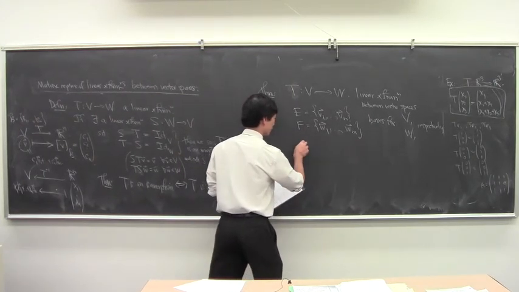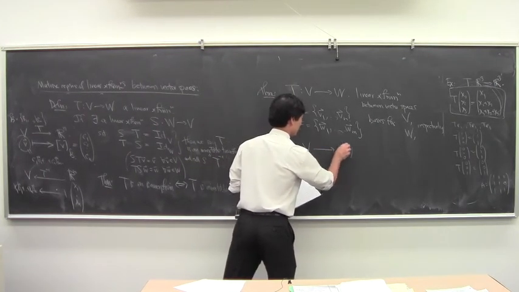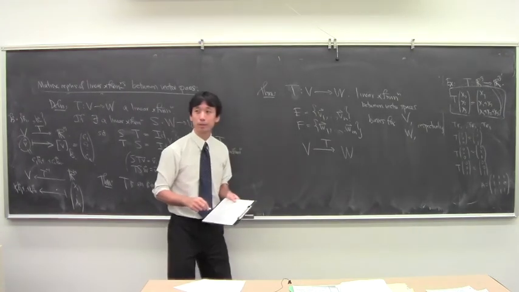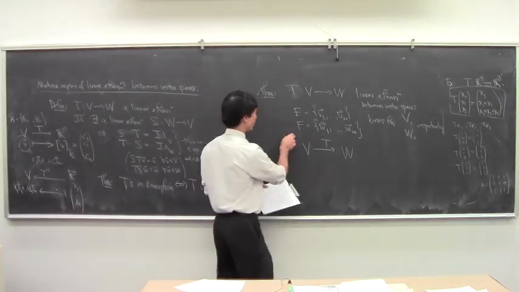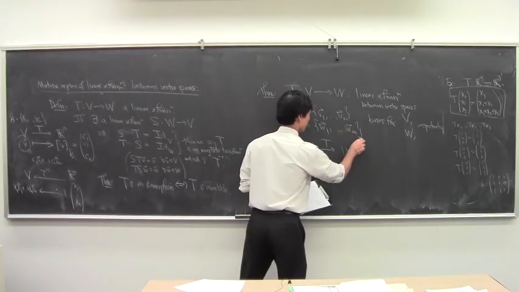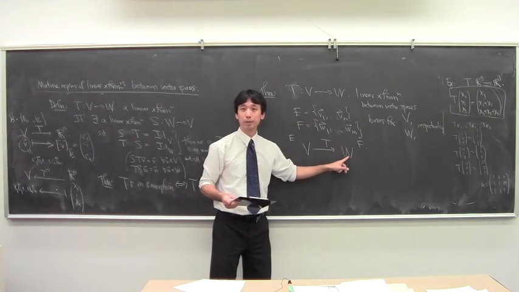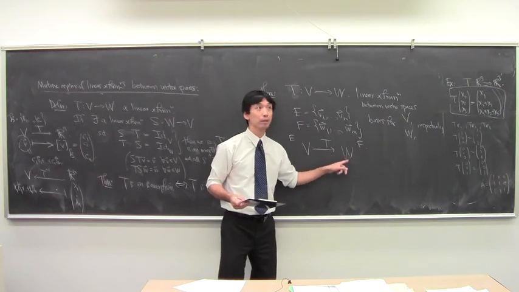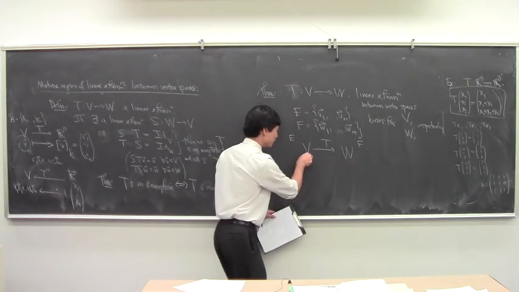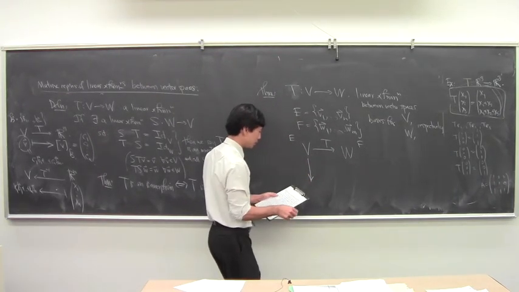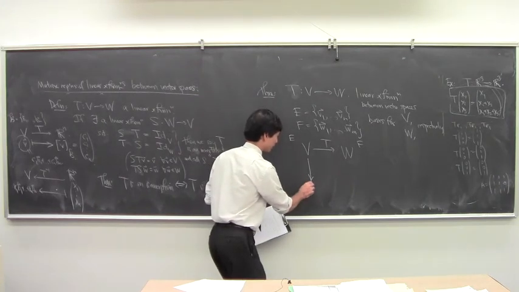Here's the picture you want to have in your head. T goes from V to W. We have a basis for V, we have a basis for W. Those bases give us the coordinate maps.